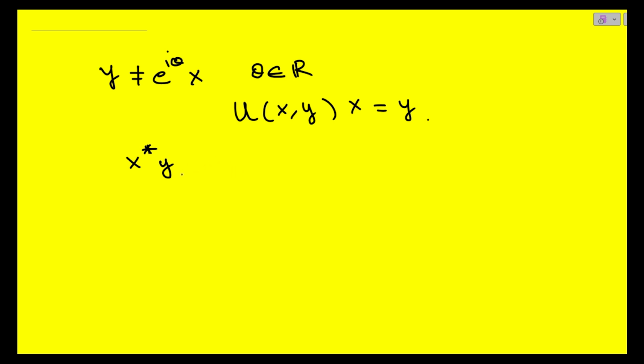So what can we do here? So x star y is a complex number. So what do we know about a complex number? A complex number consists of two parts. One is the absolute magnitude of that complex number, right? So you take the absolute magnitude of it.